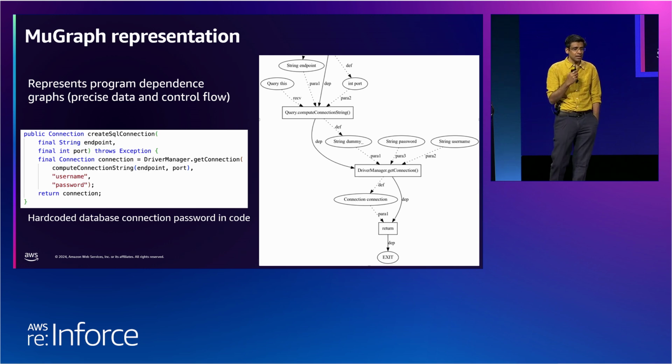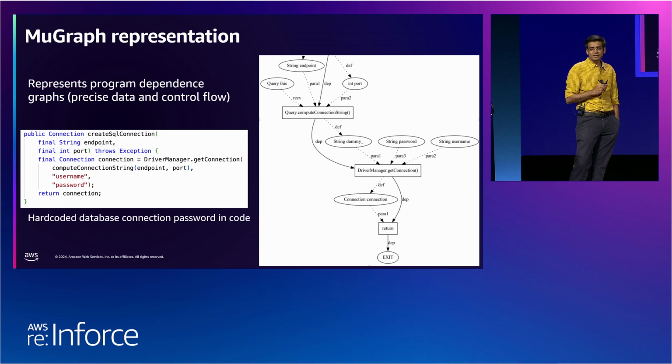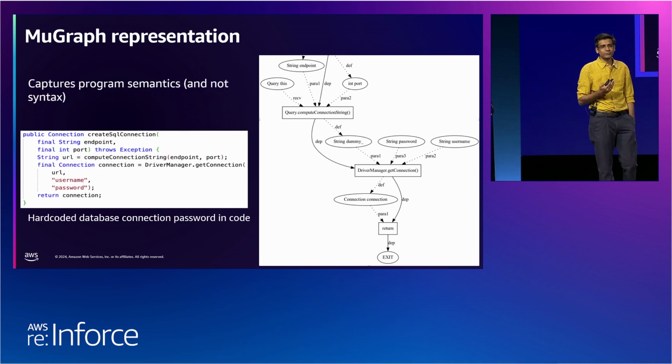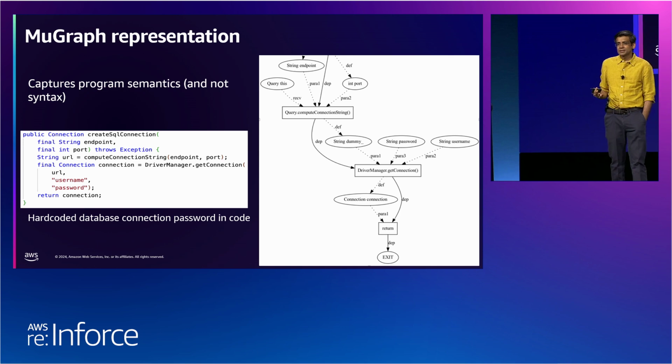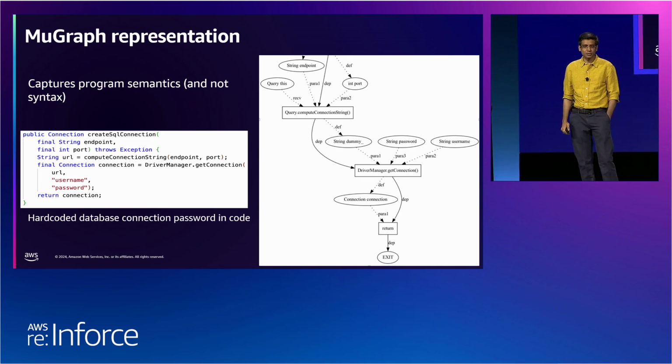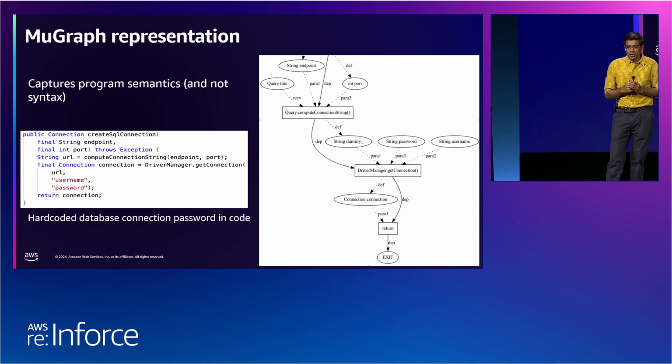Besides being able to track these control and data dependencies, there are several other salient aspects of the mu graph representation. One salient aspect is that the representation captures the semantics of the programs and not its syntax. So let's look into this code example. Again, it's a very small tweak on the example that we saw before.